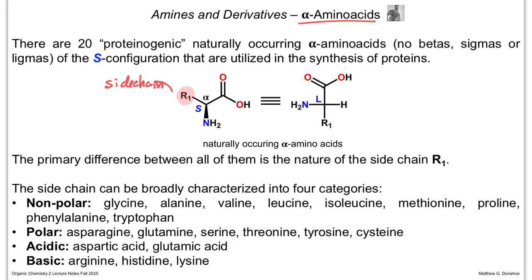A Fischer projection is a way of looking at a carbon backbone from a different viewpoint. So in the left structure, the carbon backbone is right in the plane of the whiteboard. For a Fischer projection, you're kind of putting your eyeball right here. And then the carbon backbone ends up being vertical.